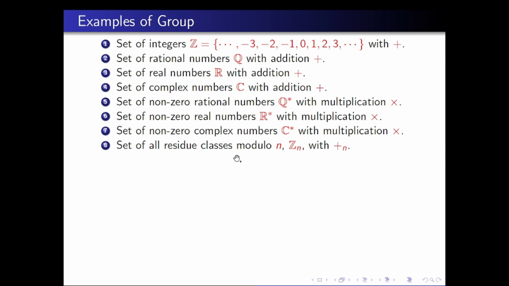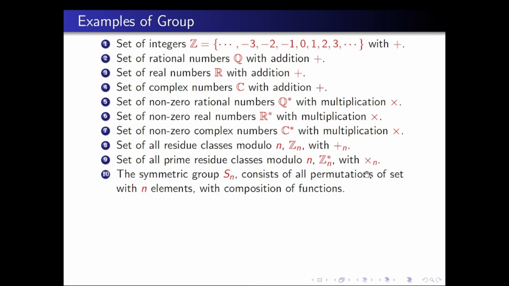The set of residue classes modulo n, denoted by Z subscript n, also forms a group with respect to addition modulo n. The set of all prime residue classes modulo n, Zn star, is also a group with respect to multiplication modulo n. The symmetric group Sn consists of all permutations of a set with n elements.